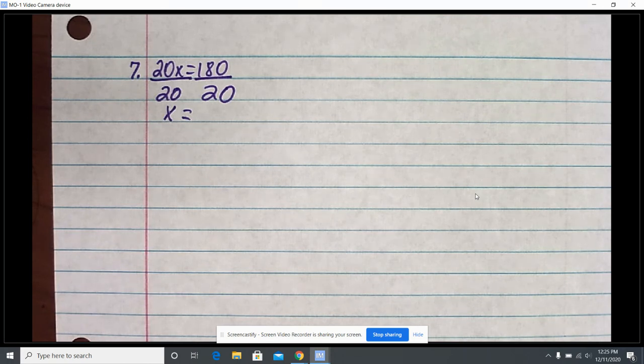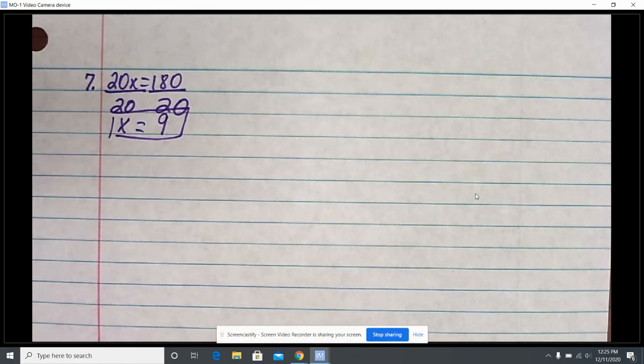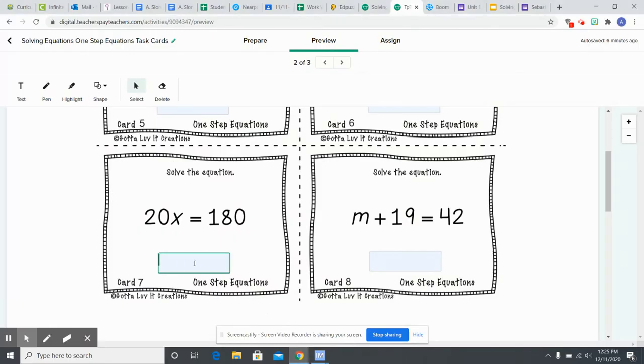Any of those options will work. So when I take 180 divided by 20, I get 9. So x equals 9. I'll go back over and put x equals 9.